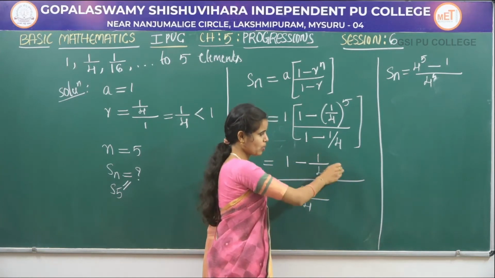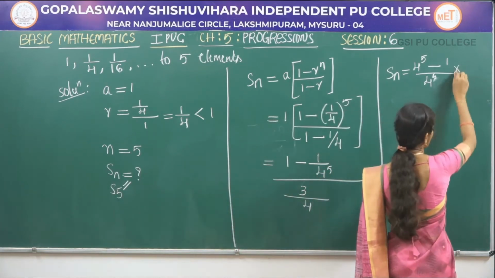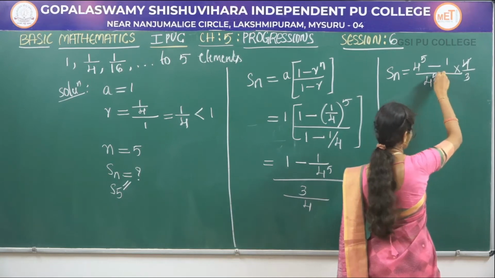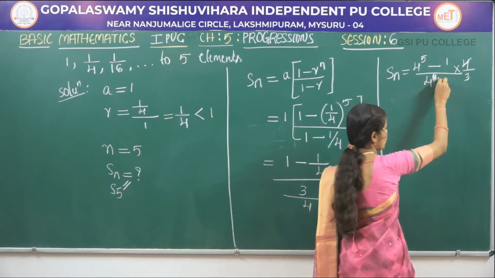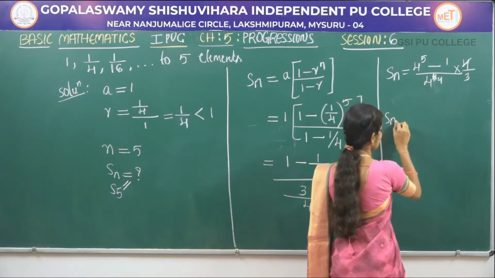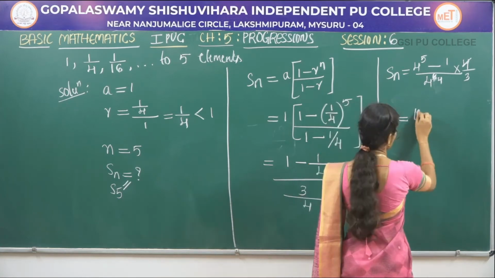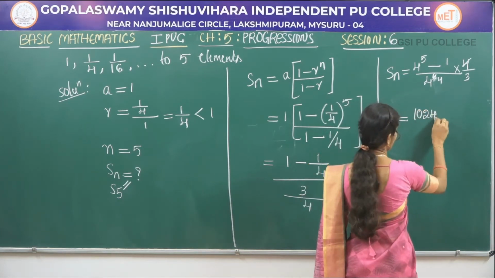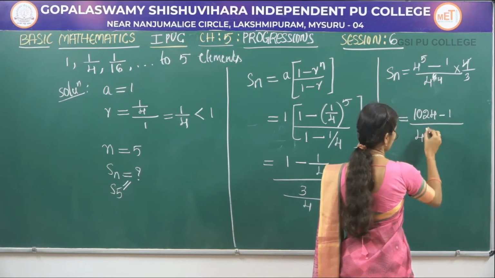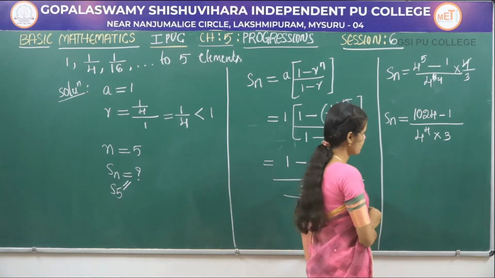Take this term into the numerator. So 3 by 4 becomes 4 by 3. Here we have 4 five times, one time gets cancelled, remaining 4 times. So next simplify. Sn is equal to 4 to the power of 5 is 1024 minus 1 divided by 4 to the power of 4 into 3.